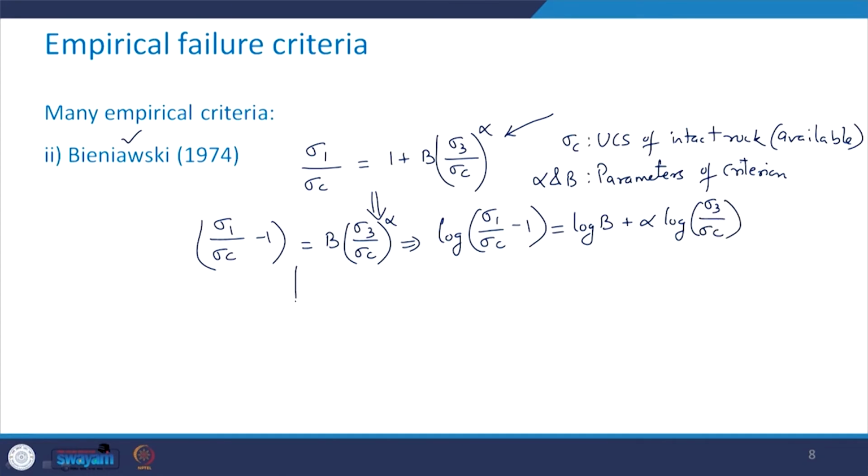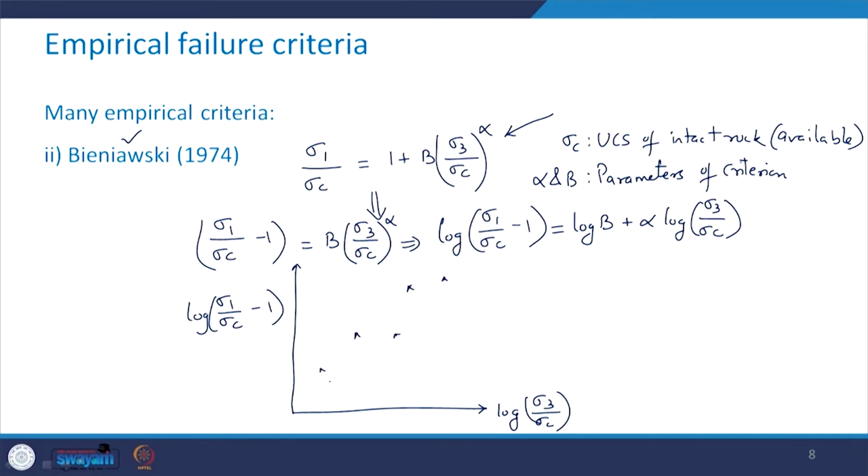So now if I try to plot the experimental data in this space, that is on x-axis we have log of sigma 3 upon sigma c, and on y-axis we have log of sigma 1 upon sigma c minus 1. And say these are some of the data points.